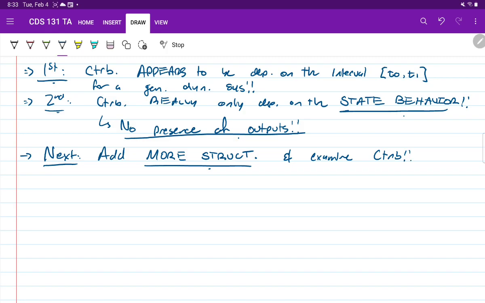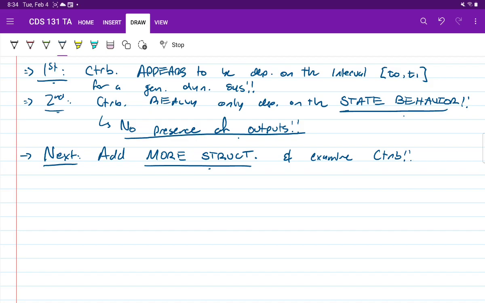So what are some basic structures we can add to our system? Well, some basic things are linearity and time invariance, right? And you might remember all the way in lecture 1, we discussed these concepts for an input-output system, right? But previously what we did is we just said, this I/O map of our system, which is the composition of the readout map and the state transition map, is the map that needs to be linear and time invariant, right?